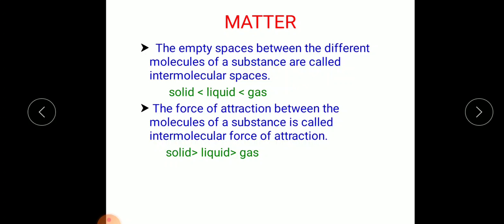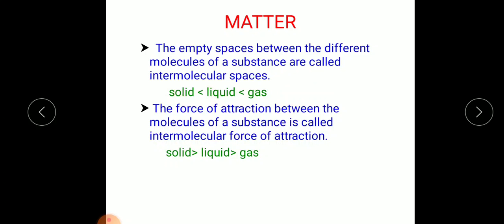And in gases, the molecules are very far away from each other. The order of intermolecular space is: gases have very high intermolecular space, then liquid, and least is in solid.